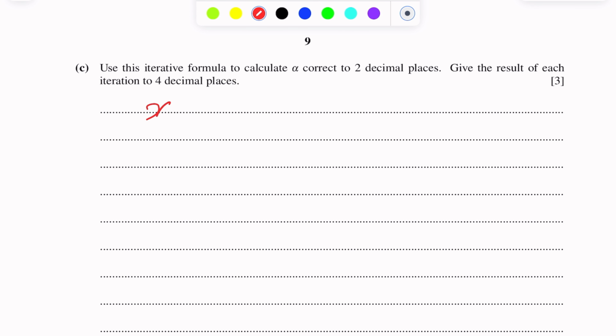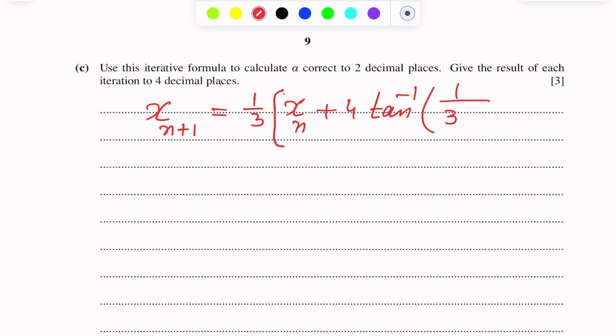That is x n plus 1 is equal to 1 over 3 xn plus 4 tan inverse 1 over 3 xn. This is the iterative formula. From this formula we will find different iterations.